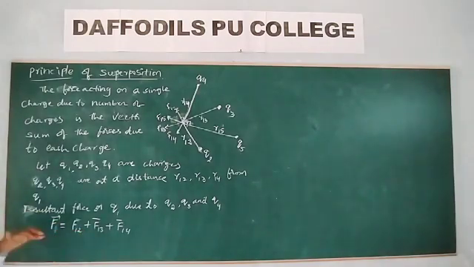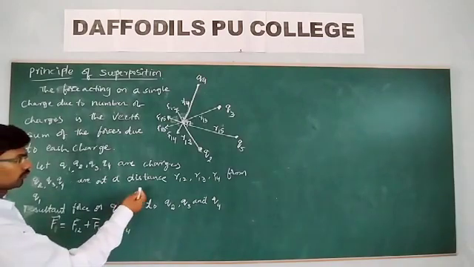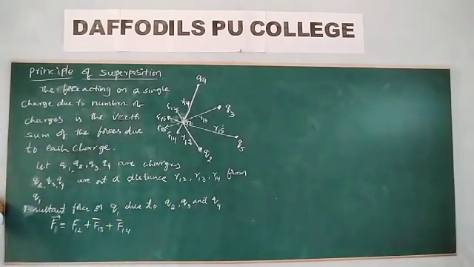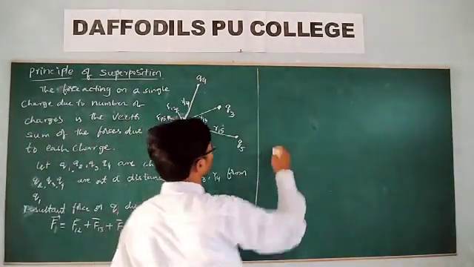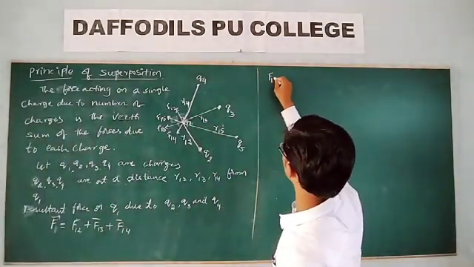Just vector relations we need to take here. Even Q4, Q5, any number of charges can be taken. Now let me write what we mean by F12.